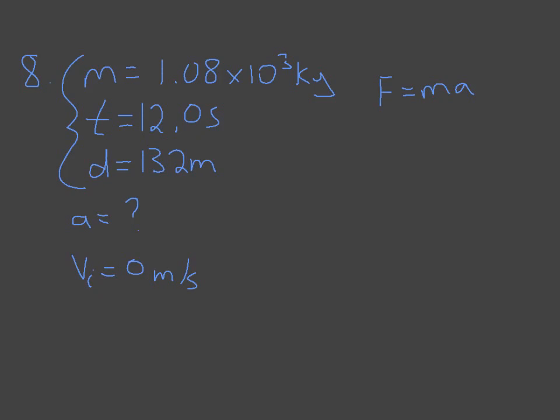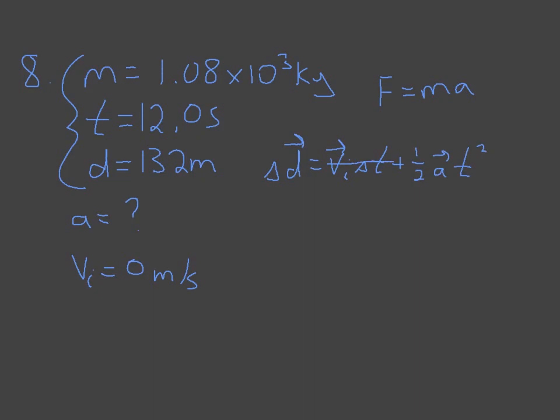So that's going to be this one here, delta D is equal to VI delta T plus half a t squared. And we know that VI is equal to 0, so this term ends up canceling off.